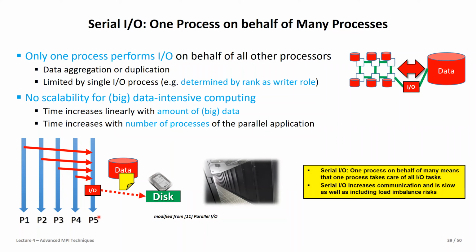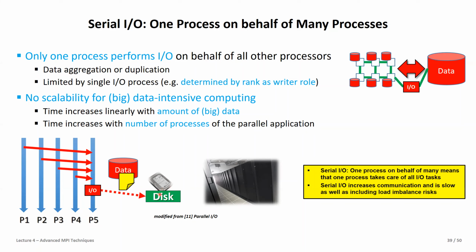This might even be unrealistic because the particles occupy memory space, and sometimes it's even a memory-bound problem. So essentially this P5 could not even handle all the data. And you can immediately see that waiting for all the processes, so that this poor fellow is writing everything to disk, is an enormous load imbalance that we don't want. But it captures the essence of serial, because there is no other way possible.